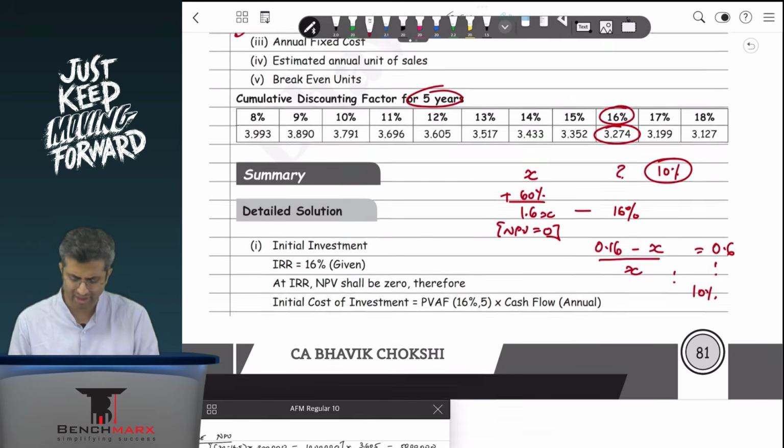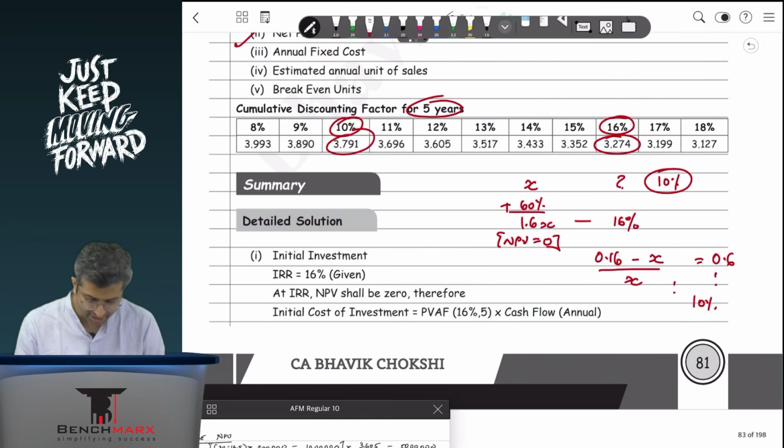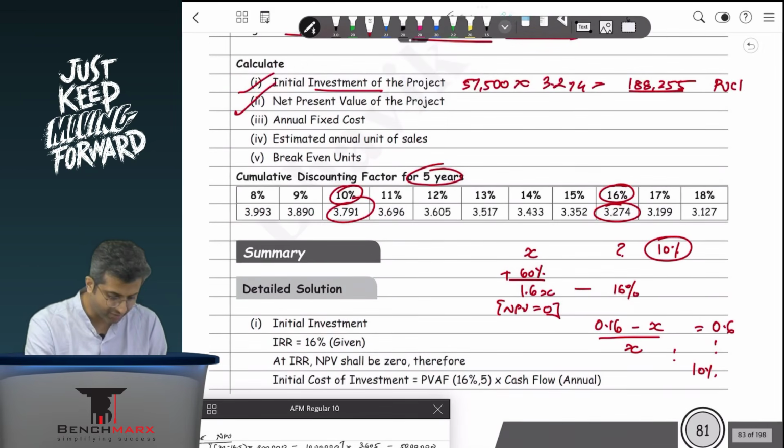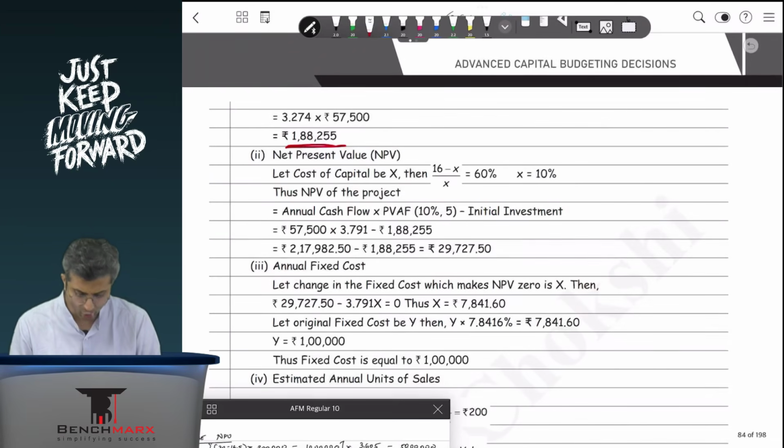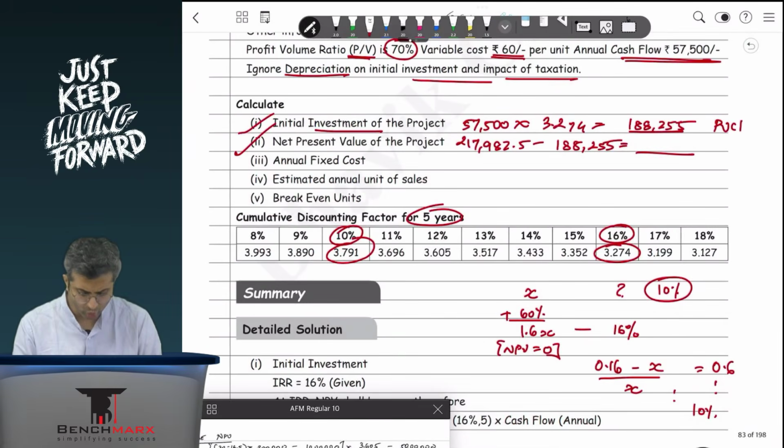Now once you get x as 10%, your PVCI will be 57,500 into 3.791, that is 2,17,982.5, minus initially you have invested 1,88,255, and hence whatever is left will be your NPV, 29,727.5.